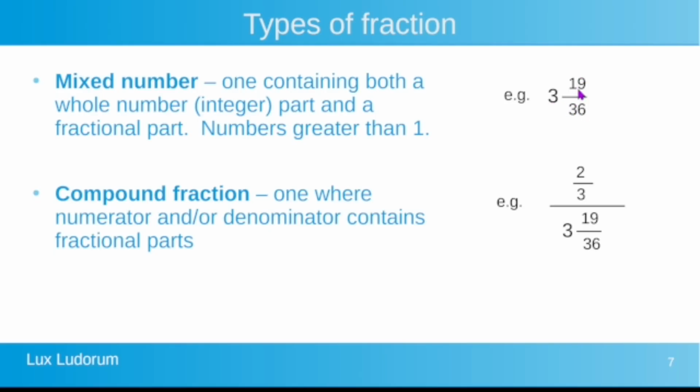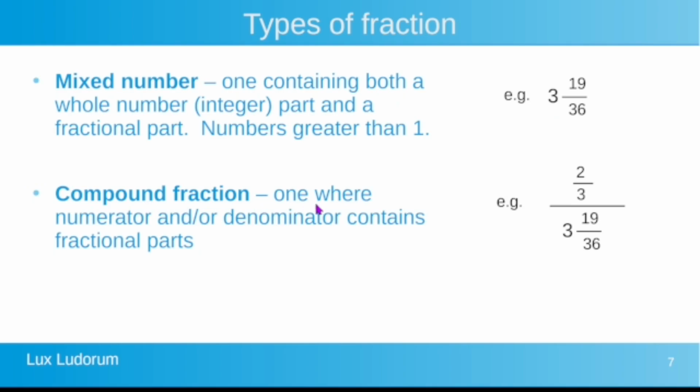It's not 3 times 19 over 36. So when we write it like this, it's 3 and 19/36. And these always express numbers greater than 1 because this integer here is going to be 1, 2, 3 or 4 or something like that, plus the fractional part.